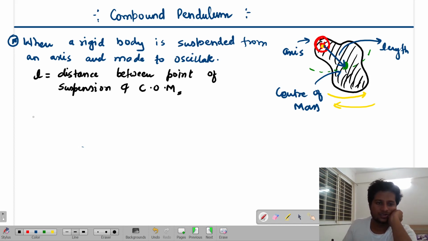Now you look over here. Once again, which thing is oscillating? Its weight is working downwards. But which thing is trying to oscillate? The weight component of the center of mass.